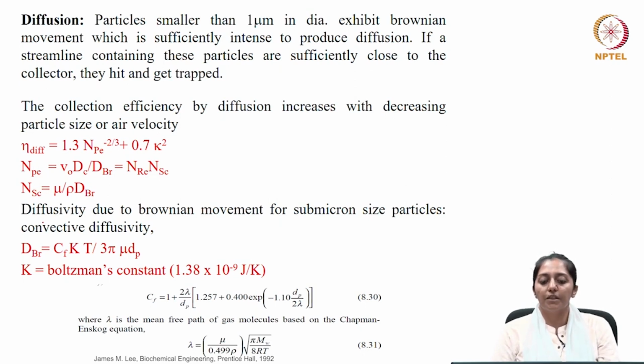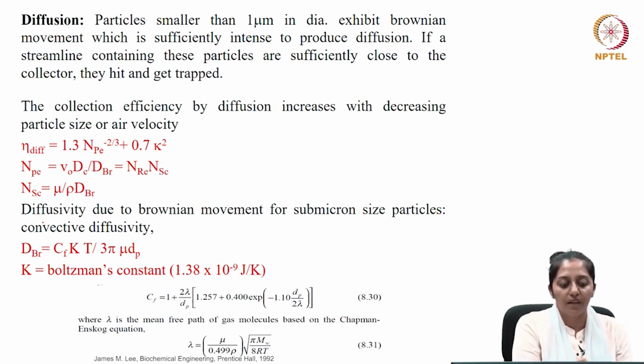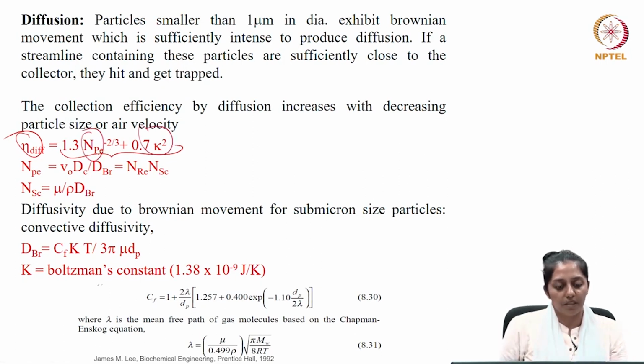So, the collection efficiency by diffusion will increase with decrease in particle size or the air velocity, the bulk flow. Here the efficiency due to diffusion has been found to be a function of the Peclet number and the interception parameter. The Peclet number in turn is made a function of the Reynolds number and the Schmidt's number.